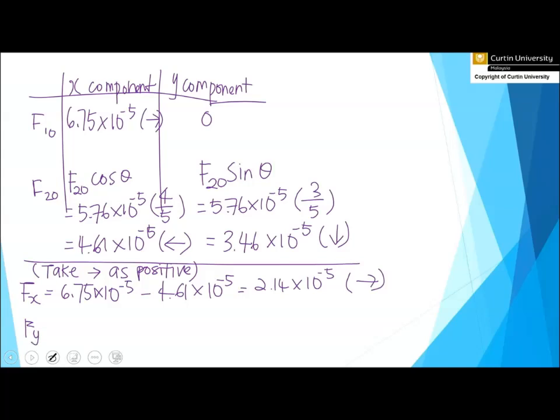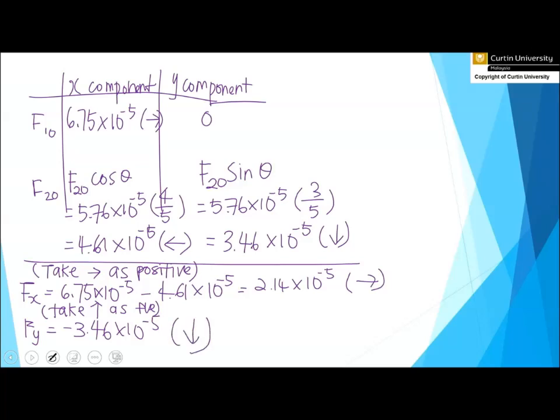The same goes for your total Y. By taking going up as positive, you combine your Fy, you have negative 3.46 times 10 to the power of negative 5, and it's moving downwards.